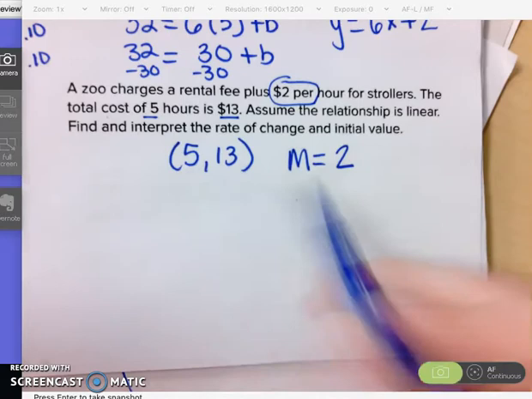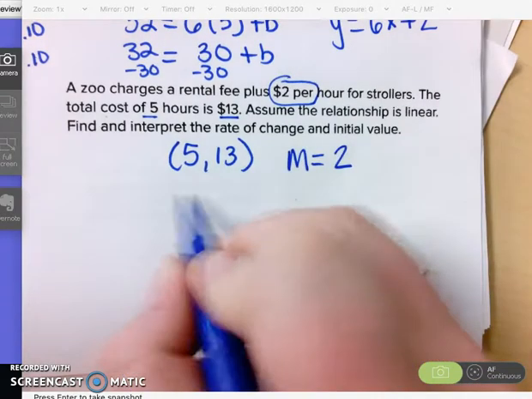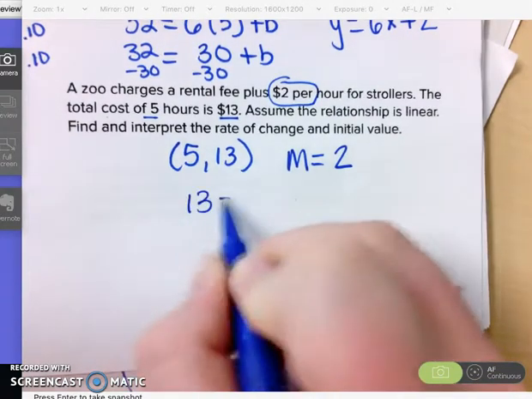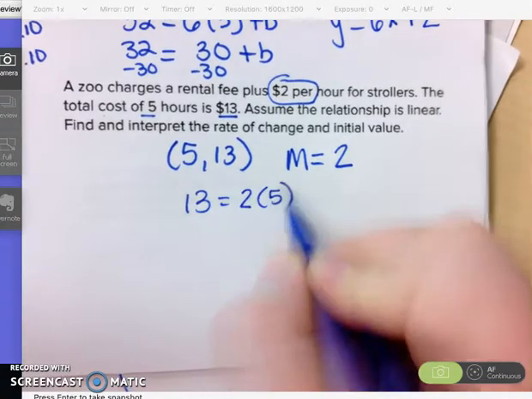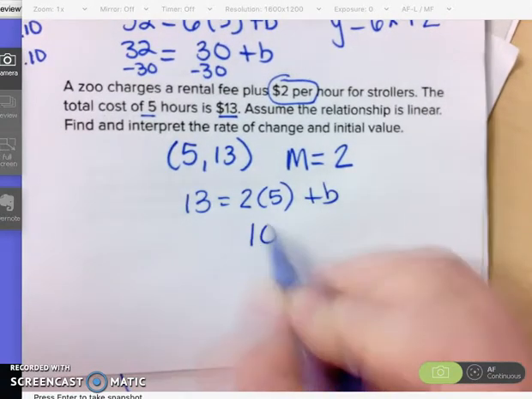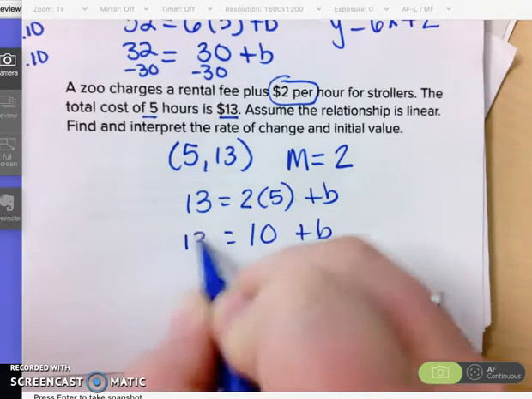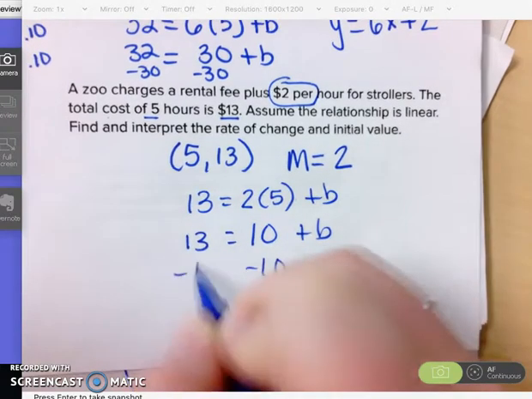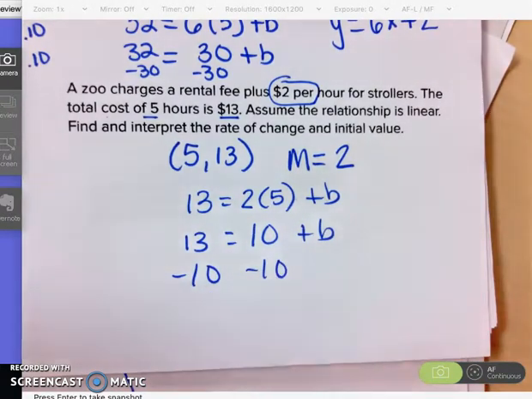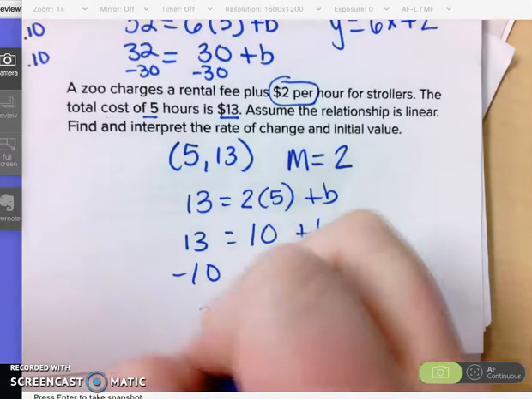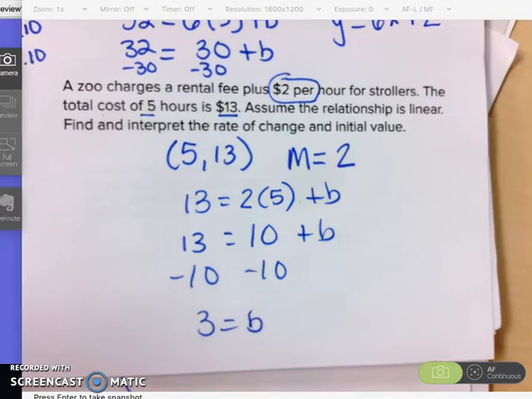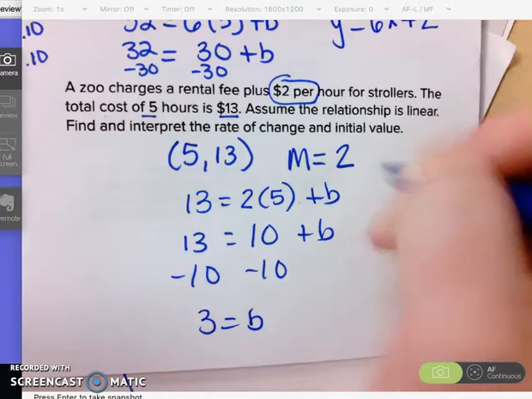So I'm going to just input these and solve. So y equals 13 equals 2 times my x plus b. 10 plus b equals 13. Subtract 10. Subtract 10. 3 equals b.